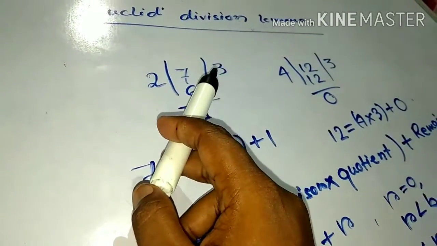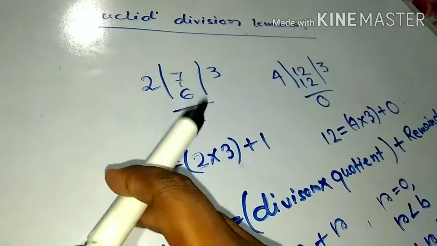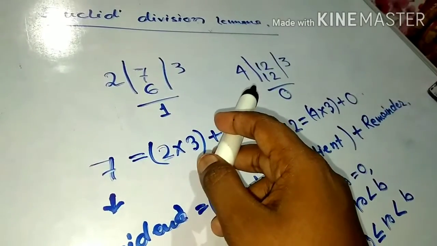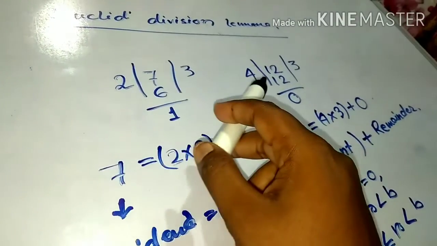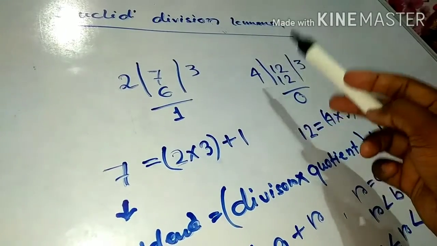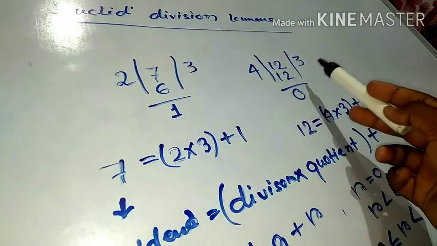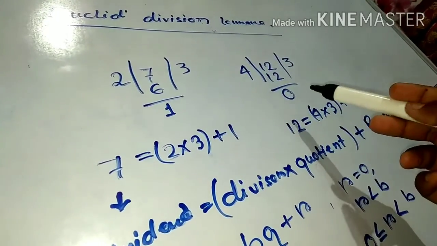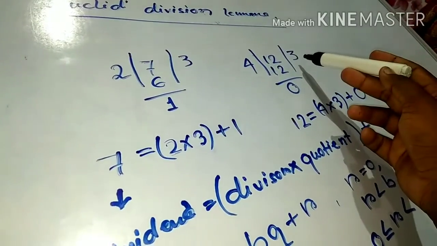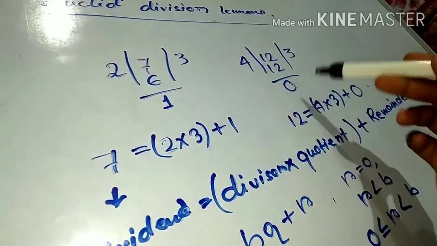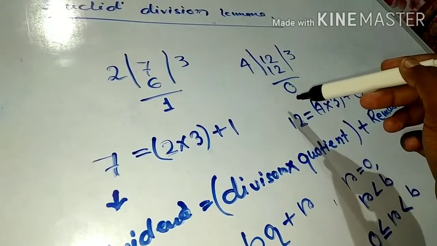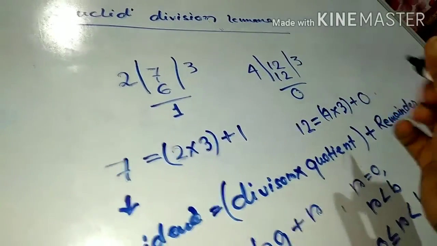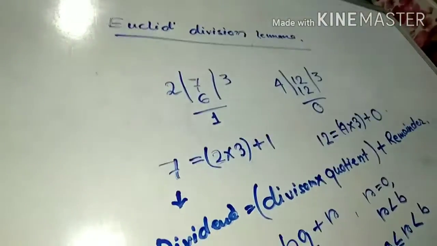Except 3 and 1, you will never get other values for this case. Similarly, dividing 12 by 4, you get only the quotient 3 and remainder 0. So the quotient and the remainder are unique and depend on the divisor and dividend.